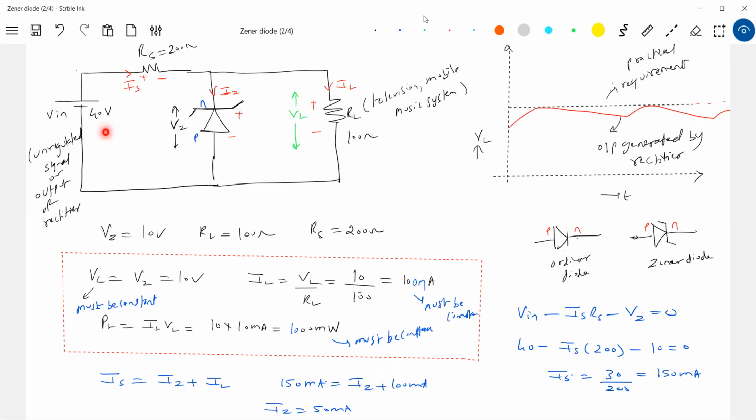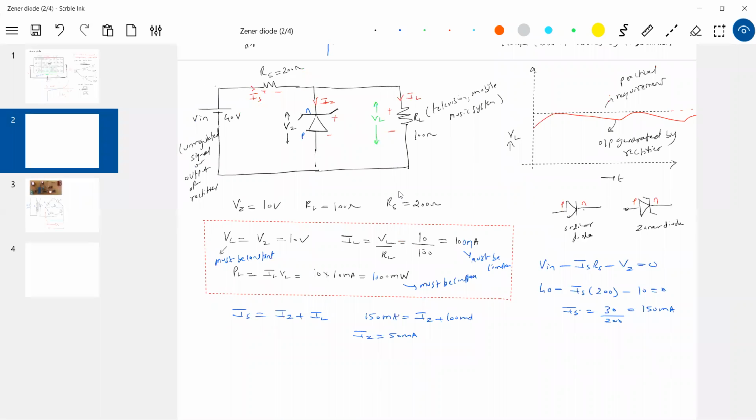If Vin becomes 45 volt, they should not change. Then you can say okay, it's a good circuit, where the current and voltage across the load remain constant. The Zener diode, how is it possible? Let's take it into the mathematics here. That's what we designed initially.